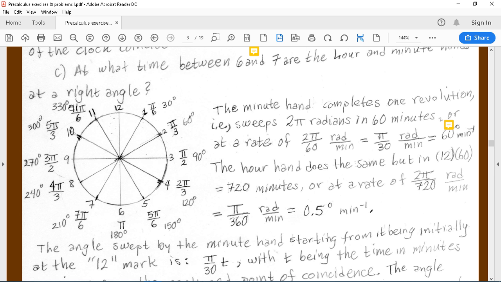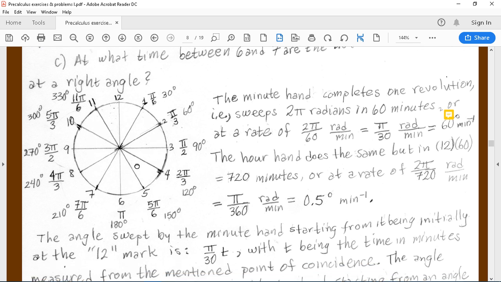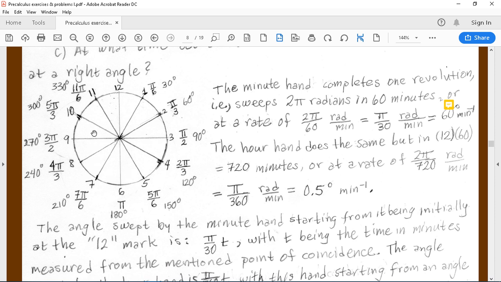And the 11 mark is at 11 pi/6 radians, or 330 degrees from the 12 mark. Remember, we are considering the motion of both hands in a dextral sense. That is, as is said, in the sense that the hands of the clock move.